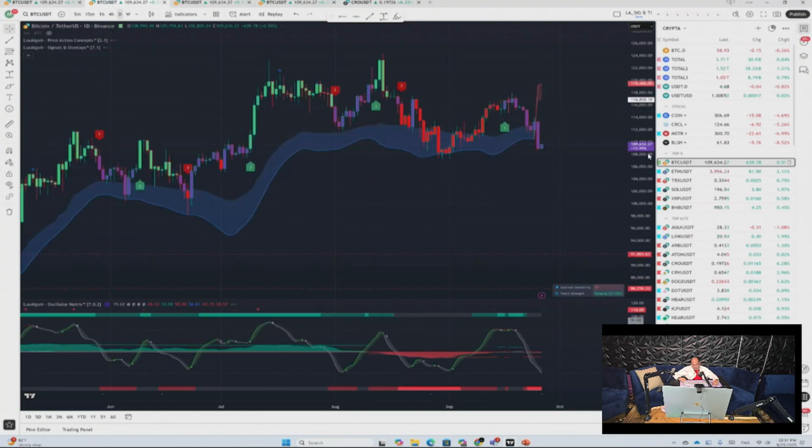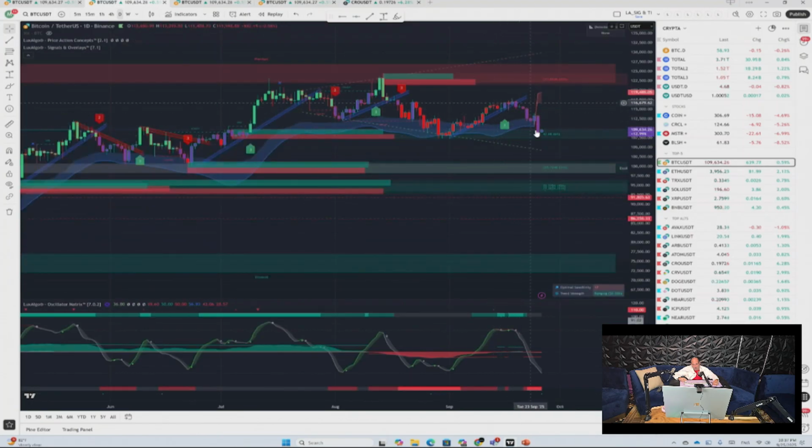So on Bitcoin there is still a buy signal, relatively strong. I wouldn't call it very strong, but a relatively strong support level. Let's see if it will hold. Most likely the current situation doesn't suggest it.